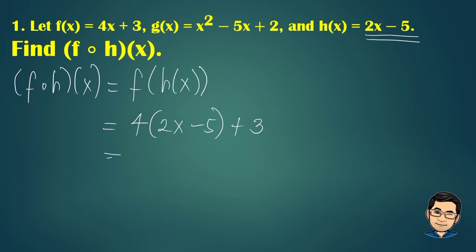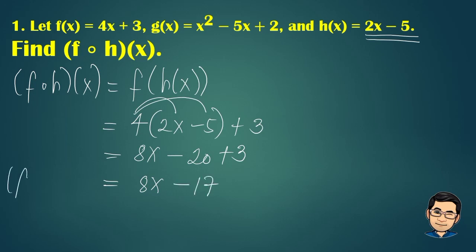So, again, we distribute 4 to the given terms on the parentheses. 4 times 2x, that is 8x. 4 times negative 5, that is negative 20 plus 3. So, 8x minus 20 plus 3, that is negative 17. So, f of h of x is equal to 8x minus 17.